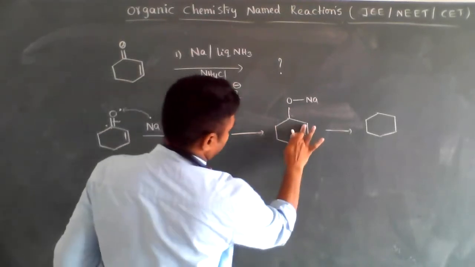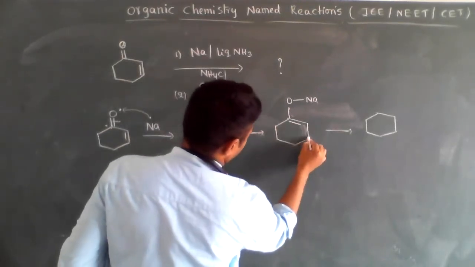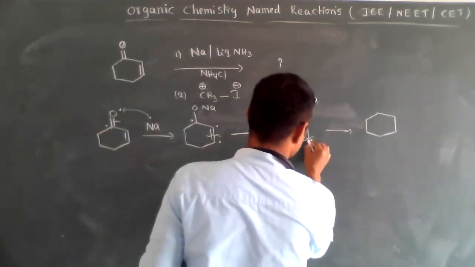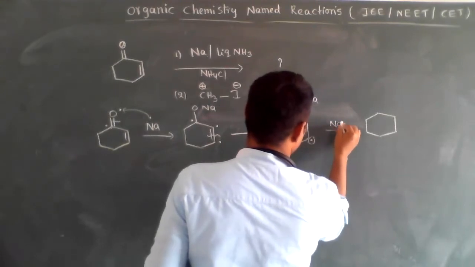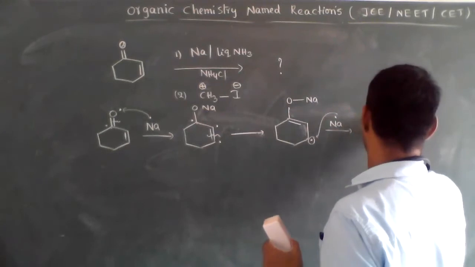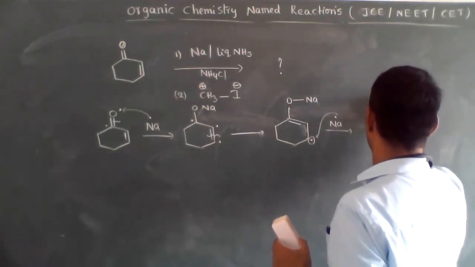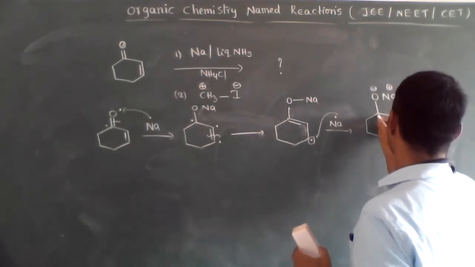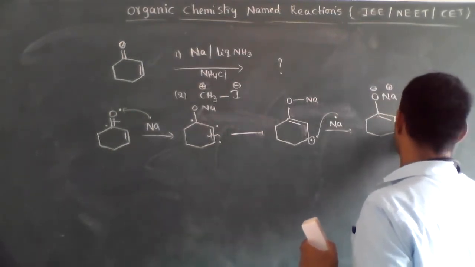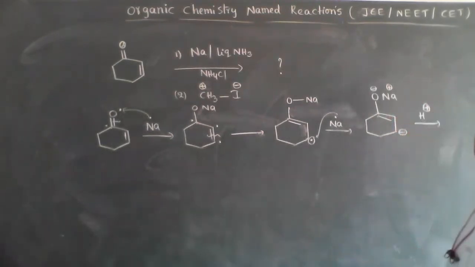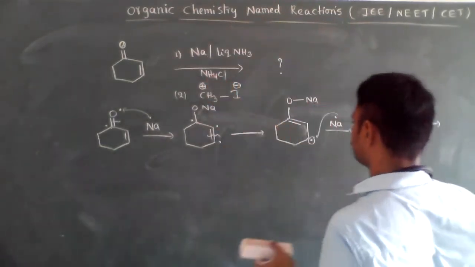Then the double bond will form here and one free electron is present, and sodium metal donates 1 electron. ONa, O minus, Na plus, negative charge. Abstract the H plus ion from ammonium chloride, NH4 plus Cl minus.